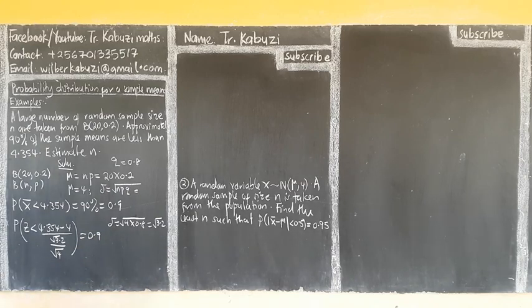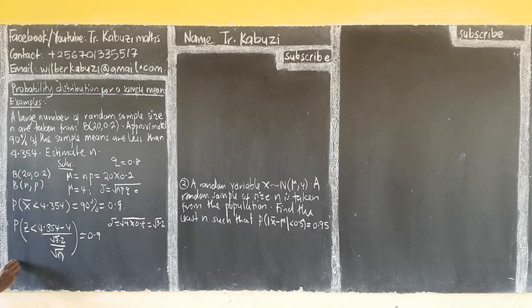So what happens if we simplify that? We don't know the sample size n. This n is what we are looking for. After that, I can simplify the whole of this.